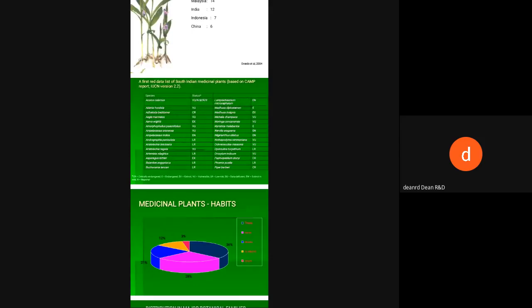In the case of DD, it is data deficient, and EW means it is extinct in the wild, and when it denotes, it is regional in nature.